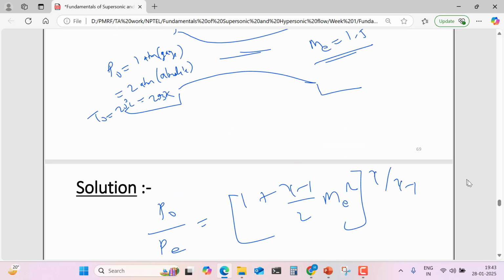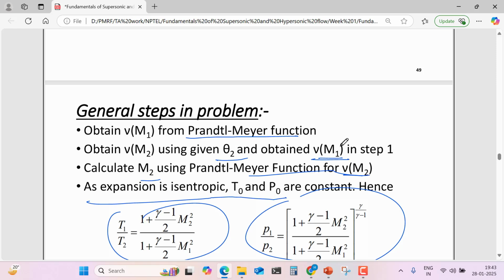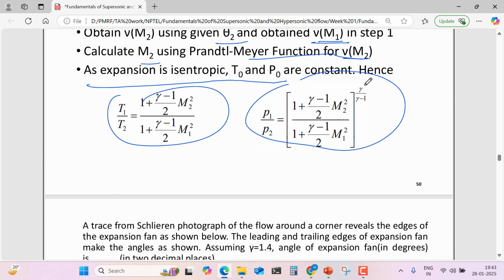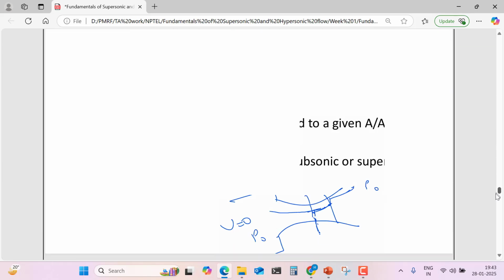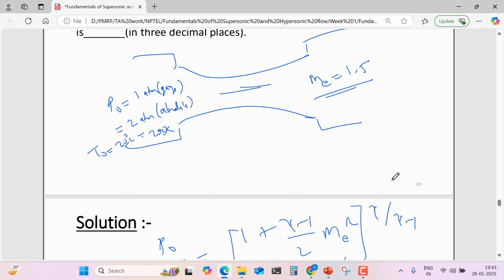This is the formula, I think. Gamma upon gamma minus 1. P0 is 2.